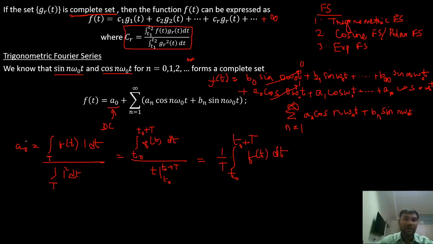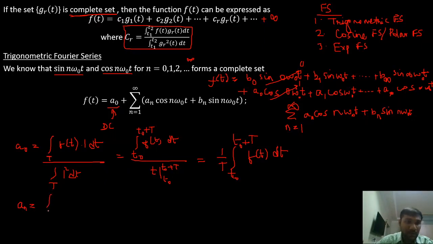That is the formula for a naught. So a naught is equal to 1 by T integral t naught to t naught plus T f of t dt.